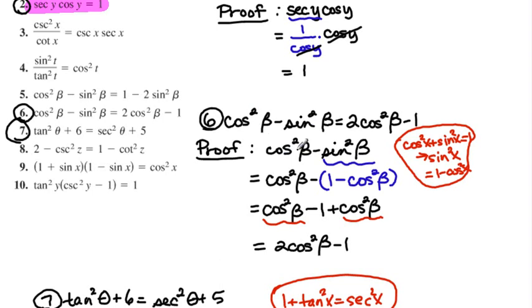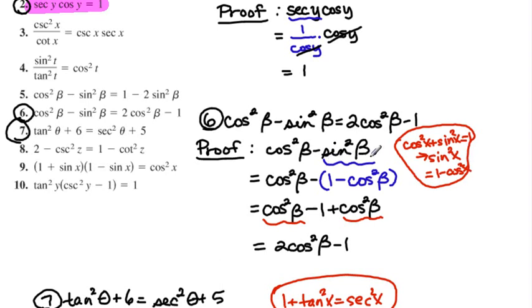If we start with cosine squared beta minus sine squared beta, and notice the right side is all in terms of cosine squared, so we want to try to remove the sine squared and put in a cosine squared. Well, one of the Pythagorean identities allows us to do that. We know that cosine squared x plus sine squared x is 1. So sine squared x is 1 minus cosine squared x.